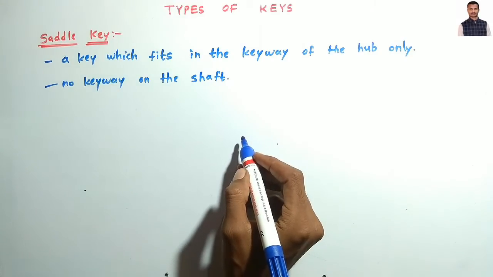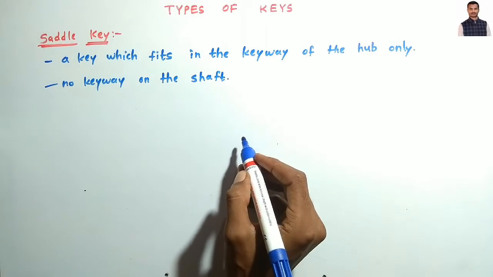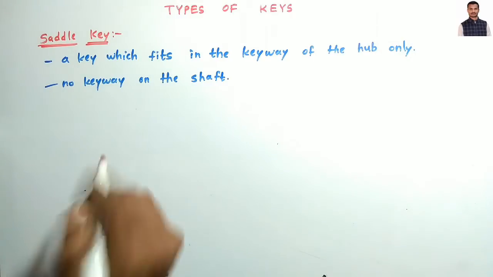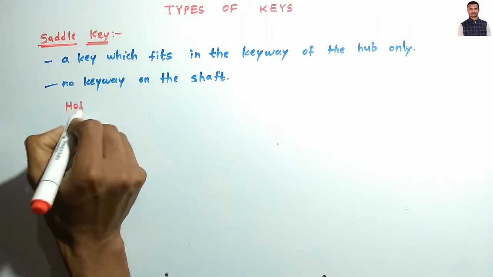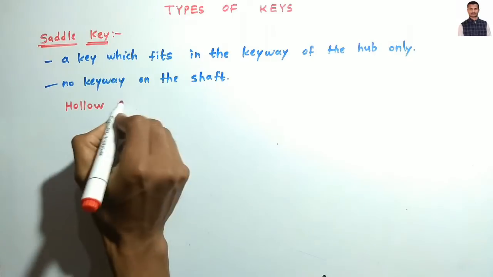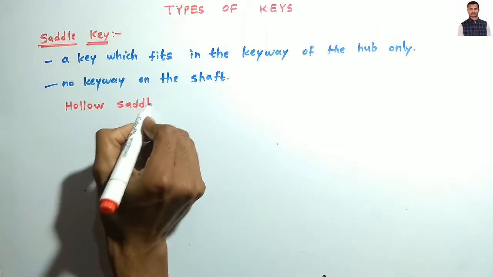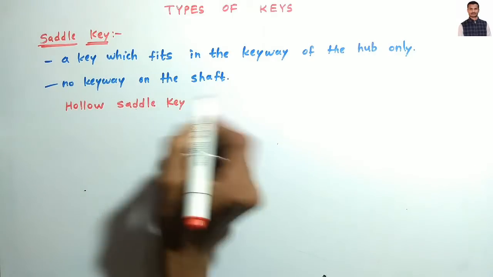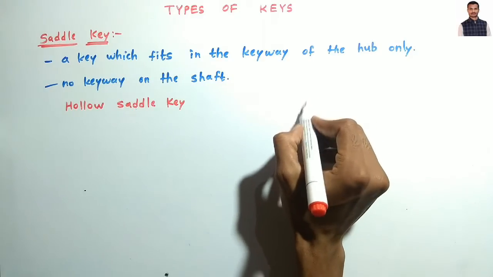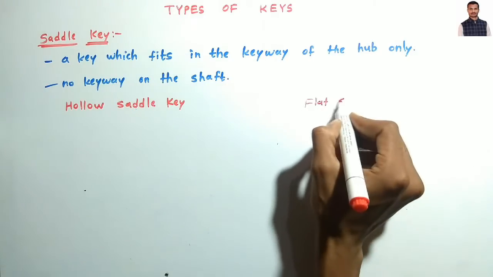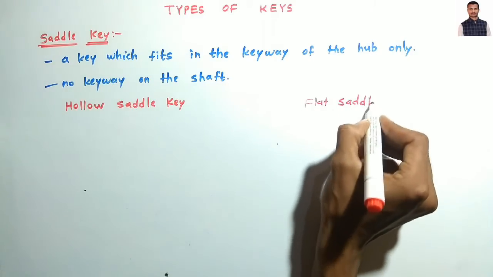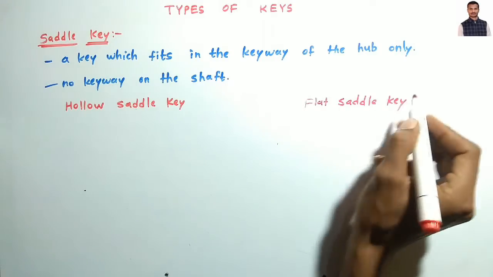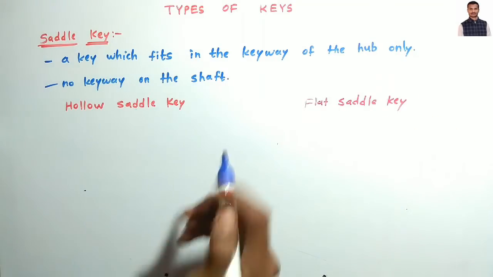So there are two types of saddle keys. One is a hollow saddle key, and the second one is a flat saddle key. Now, what is a hollow saddle key?